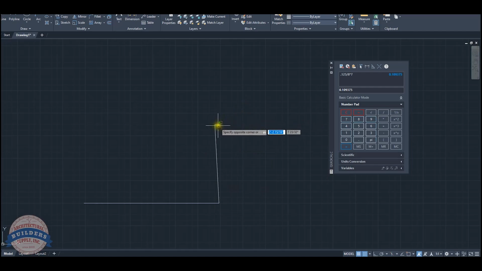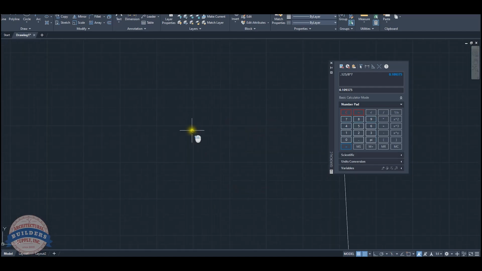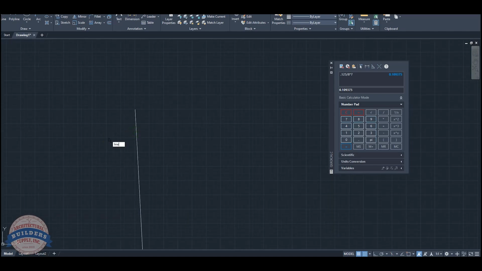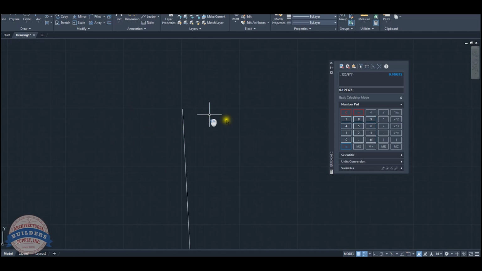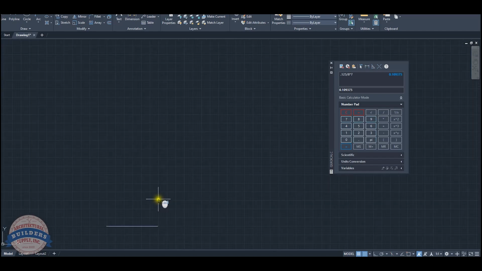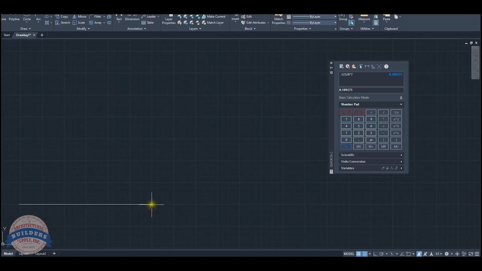So let's do this. 3 inches long, 0 degrees. We're going to go up 1 3/4, and we're going to go at a 3 degree bevel.